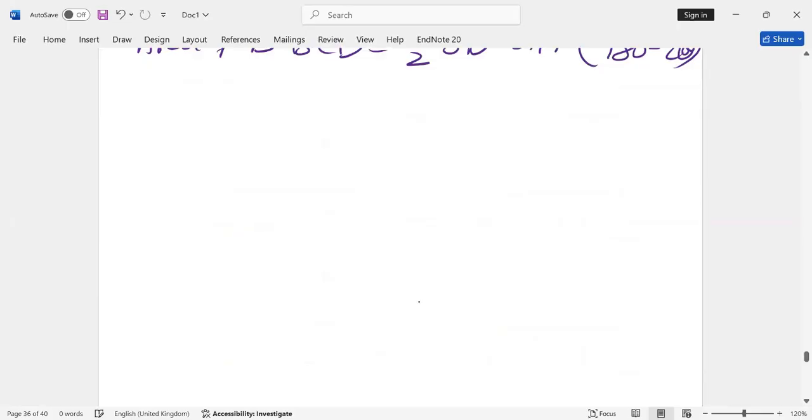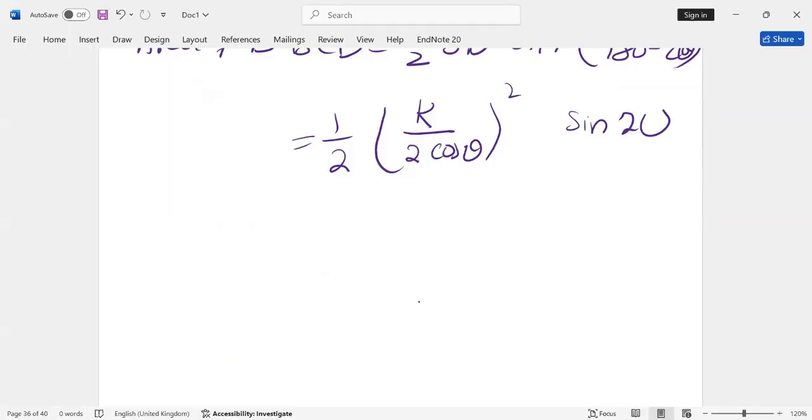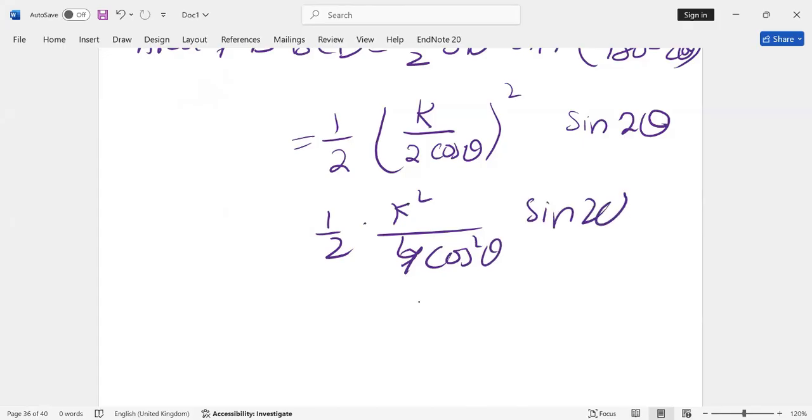So now we have to simplify this. 1 by 2 into K by, I'm putting the value of BD. We have K by 2 cos theta, taking the square, and sine 2 theta. Okay, so we have 1 by 2 K square by 4 cos square theta sine 2 theta.